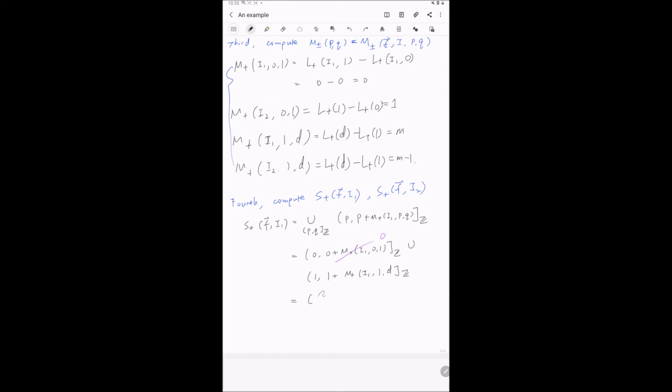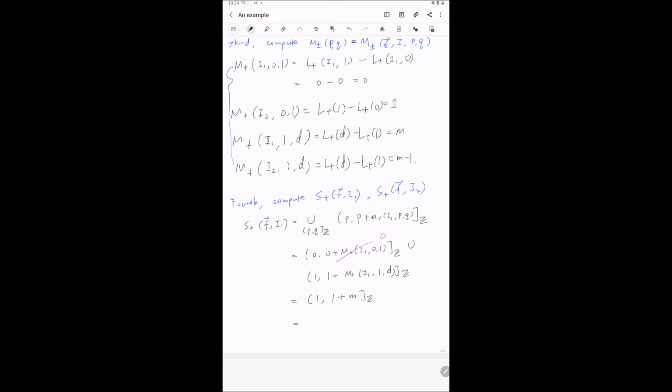And the second one is from 1 to m intersection with Z. The second one is just 1 plus this M plus of I1, 1, D, which is computed in here, which is m.